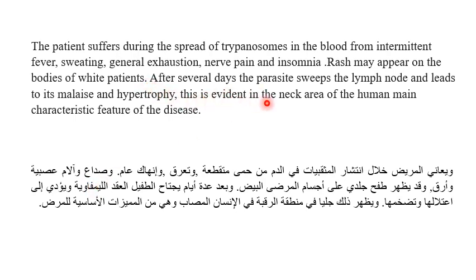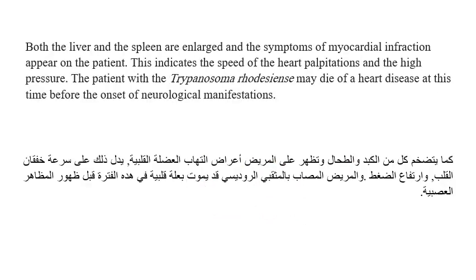This is evident in the neck area of the human, the main characteristic feature of the disease. Both the liver and spleen are enlarged, and symptoms of myocarditis appear in the patient. This indicates fast heart palpitations and high pressure.